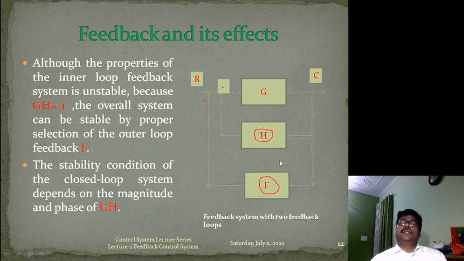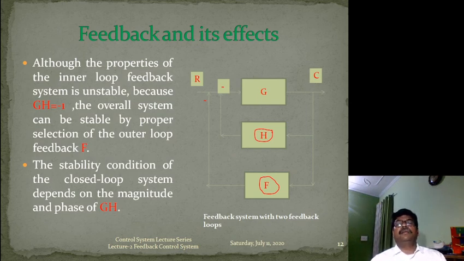So the transfer function becomes G upon 1 plus GS plus GF. Now GH may be equal to minus 1, but GF may not be equal to minus 1. So in that case, the overall system will be stable.